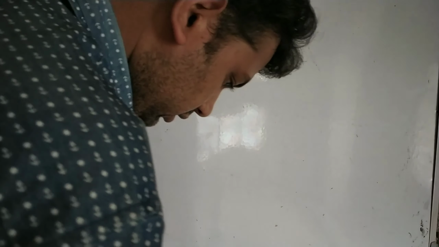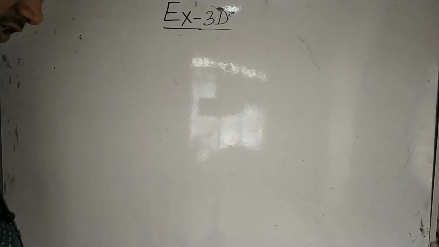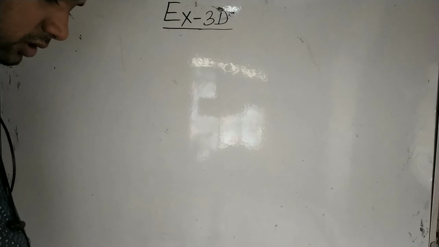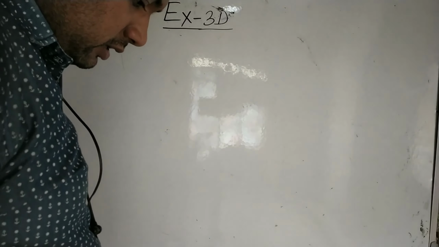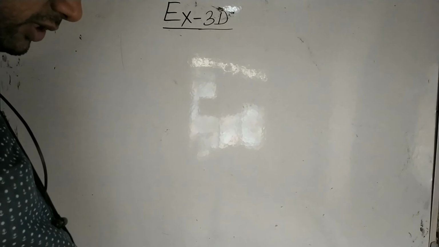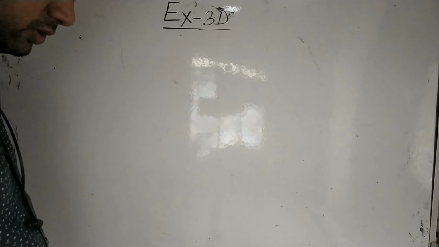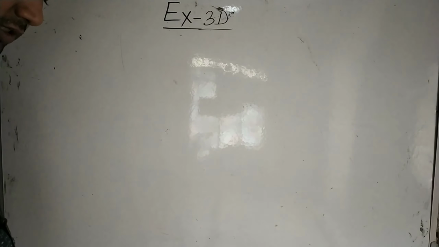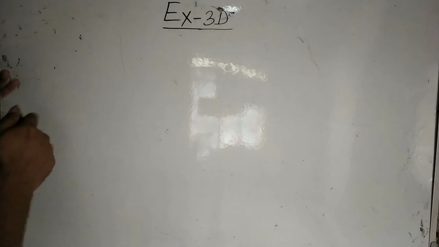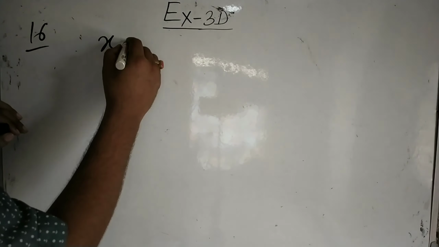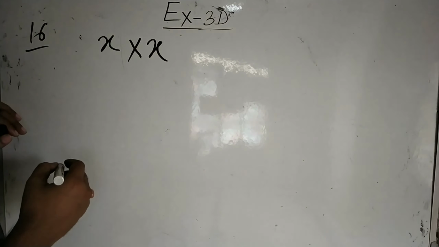Question number 16 is exactly similar to question number 15. I am just giving you the hint. Read the question. The students of a class arranged a picnic. Each student contributed as many rupees as the number of students in the class. If the total contribution is rupees 1156, find the strength of the class. That means if there are x students, each of them is contributing x rupees.